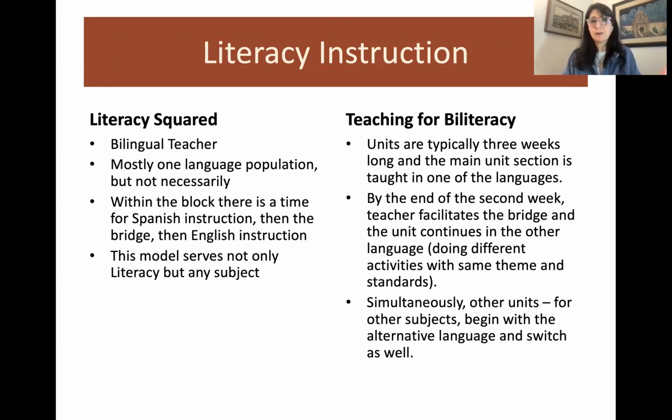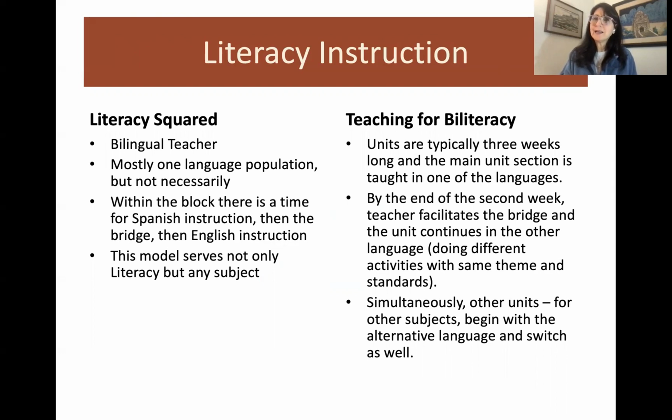So they might start the block in Spanish instruction, for example, have a bridge almost at the end of the block, and then, after the bridge, connect both languages and terms to the other language. As an example, I once observed one of their classes in Colorado where the second grade teacher was teaching in Spanish the syntax, the structure of the sentence.